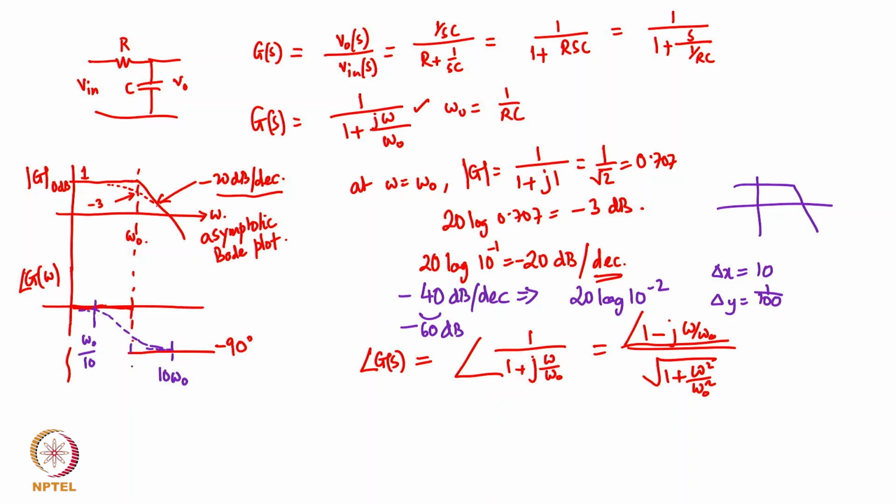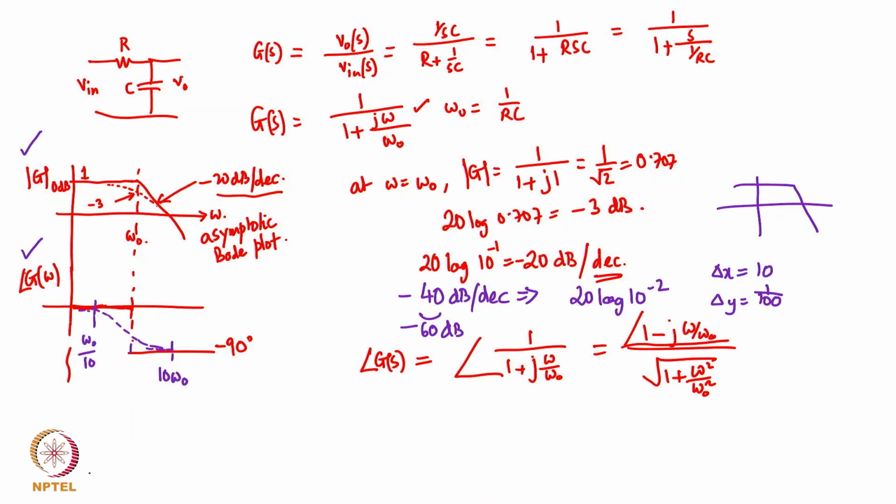So it will go like this, and this is the plot. So you can see here we have drawn the gain plot and the phase plot for a pole. If you have a single pole, this is the Bode plot.